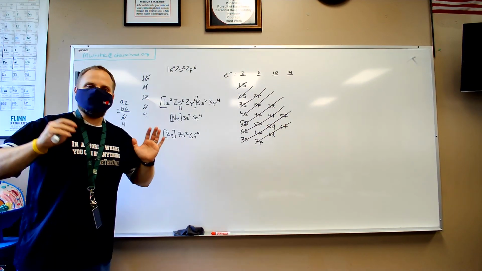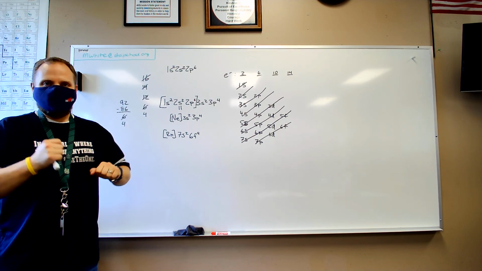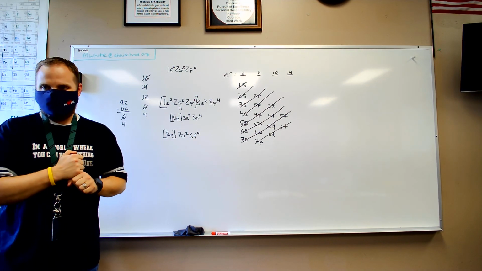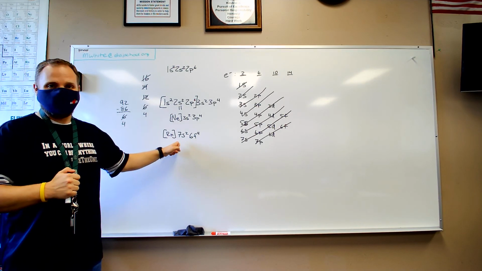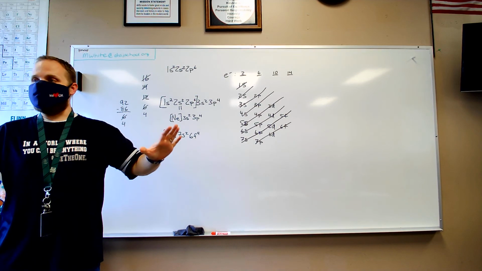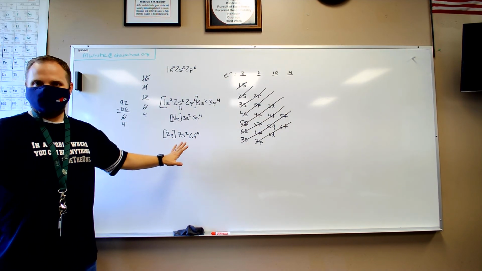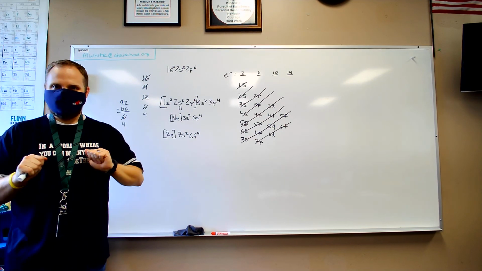So just be aware, if you go to college chemistry, that's not what they're going to want to see. Okay? Follow the rules that they give you. But for this class, that'll work. Okay? Everyone good with that?